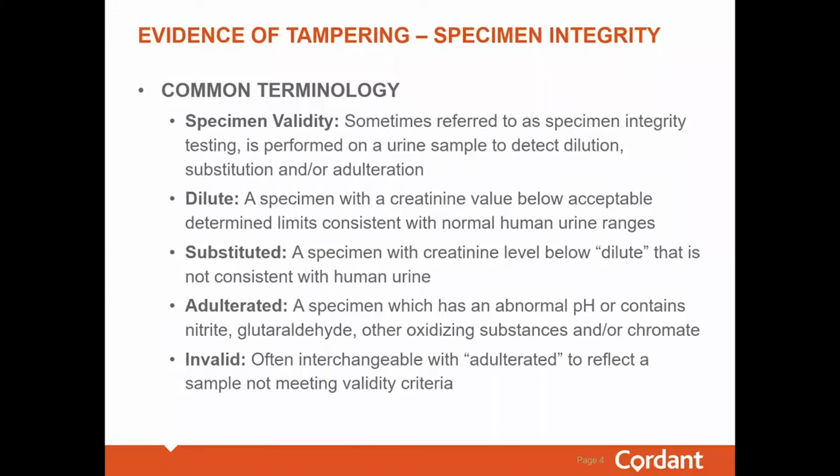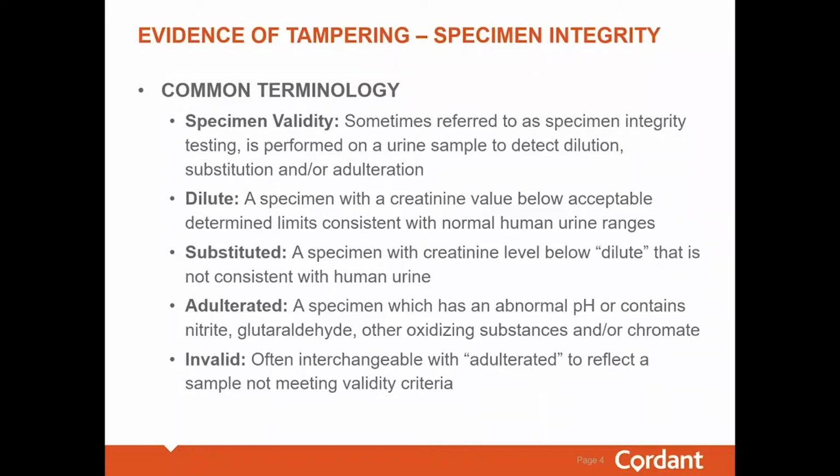Specimen validity, sometimes referred to as specimen integrity testing, is performed on a urine sample to detect dilution, substitution, and/or adulteration. A dilute is a specimen with a creatinine value below acceptable determined limits, below limits that would be consistent with normal human urine ranges.